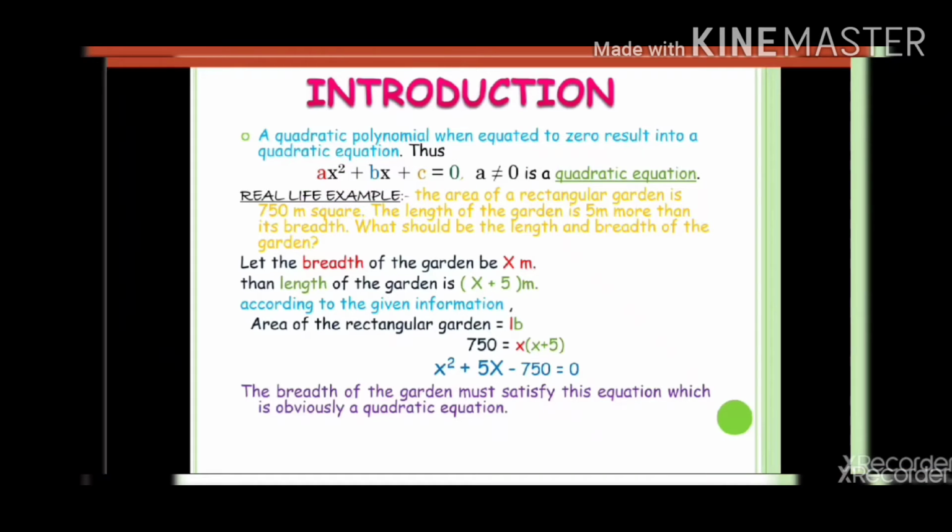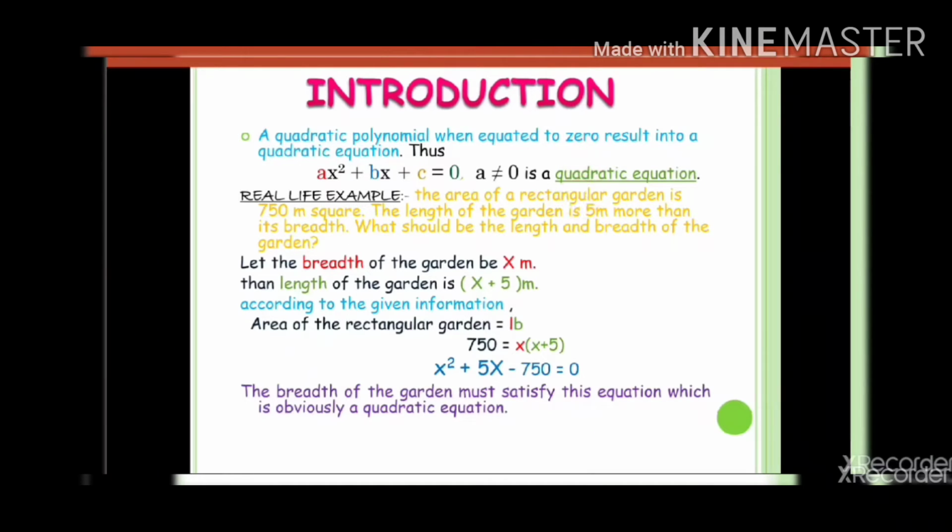Now we take a real life example related to quadratic equation. The area of a rectangular garden is 750 meters square. The length of the garden is 5 meters more than its breadth. What should be the length and breadth of the garden?